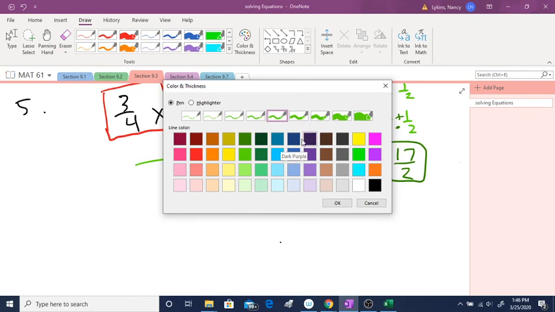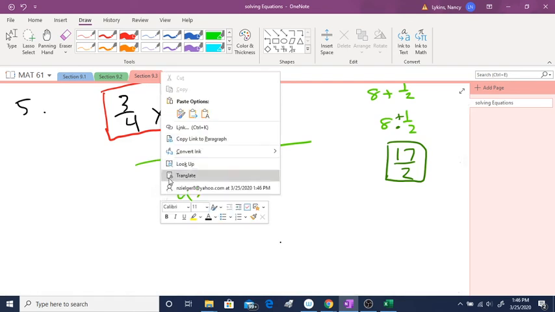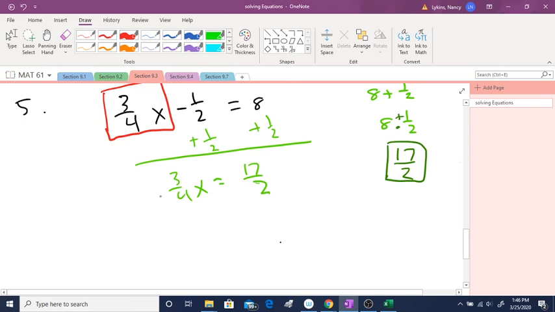One reason why I like this example is understanding that we can divide by 3/4, but if you recall, when you divide by fractions, all you're doing is taking the reciprocal, or flipping the fraction. Because now the 4's cancel and the 3's cancel. What you're left with is x. But like in any equation, if you do it to one side, you have to do it to the other. So I'm going to multiply the 17 over 2 by 4/3.